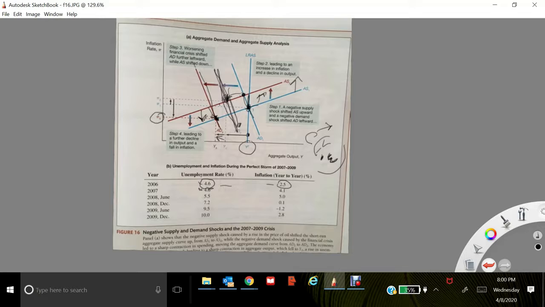but inflation falling also. So here we have first the increase in the shift to the left of the supply curve, which causes output to fall and inflation to increase.